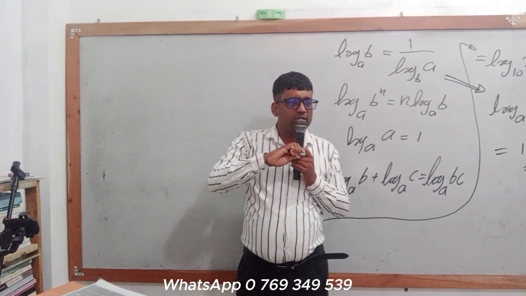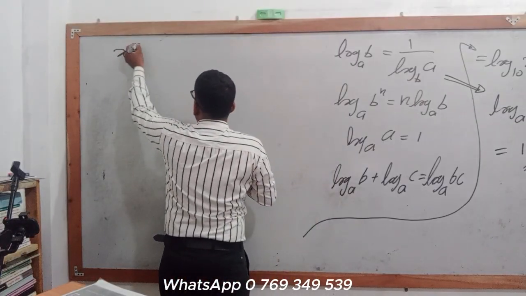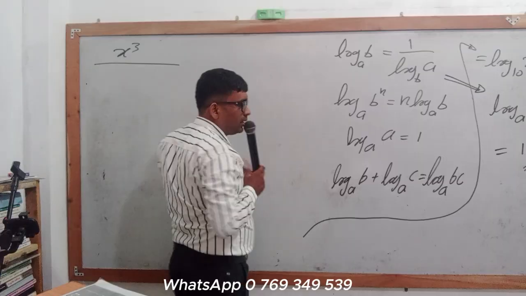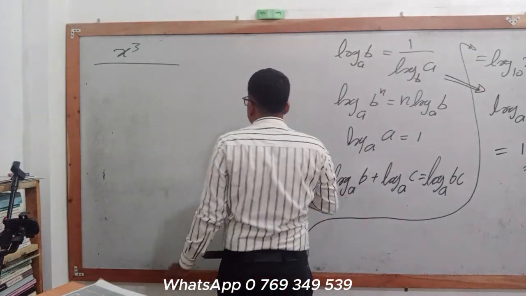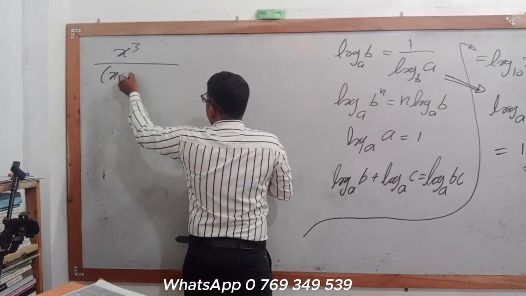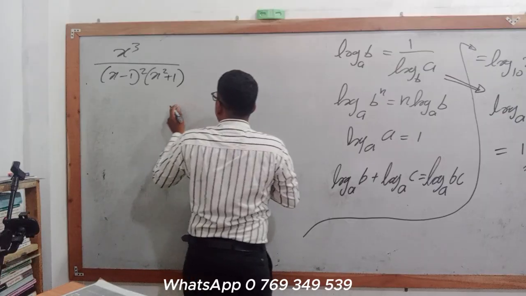Expressed in partial fractions: x cube divided by x minus 1 squared times x square plus 1.